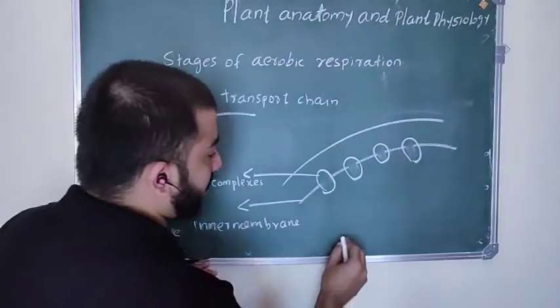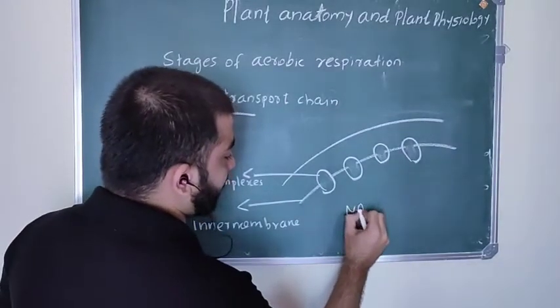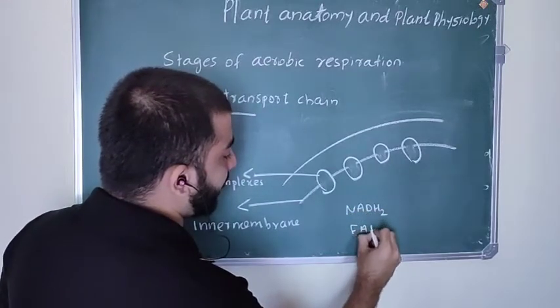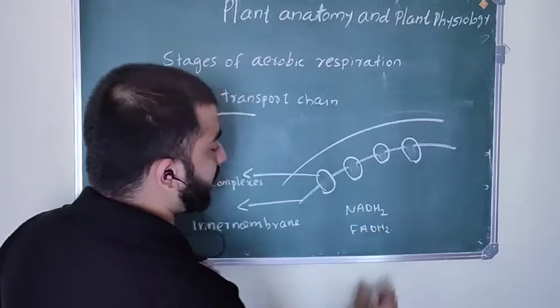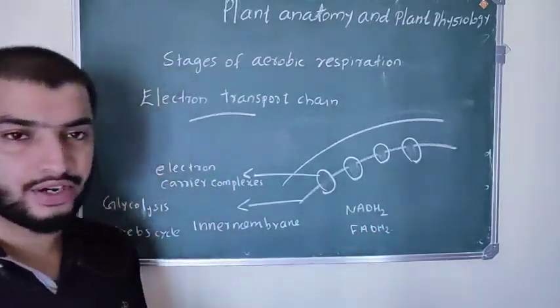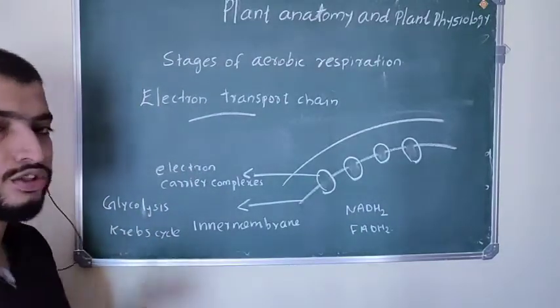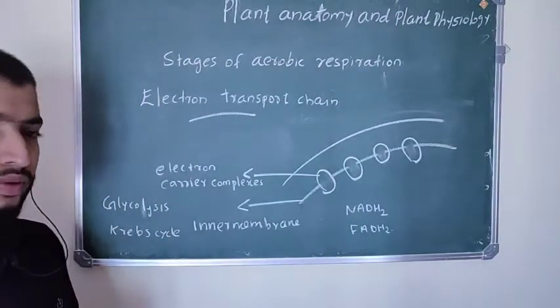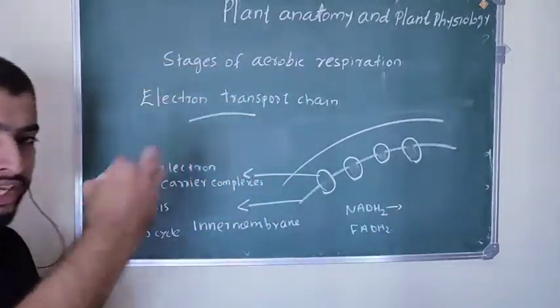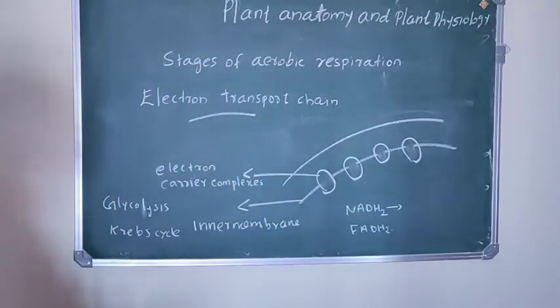After glycolysis and the Krebs cycle, NADH2 and FADH2 molecules are formed, and these molecules store energy. If these molecules are oxidized, they release energy via electrons.